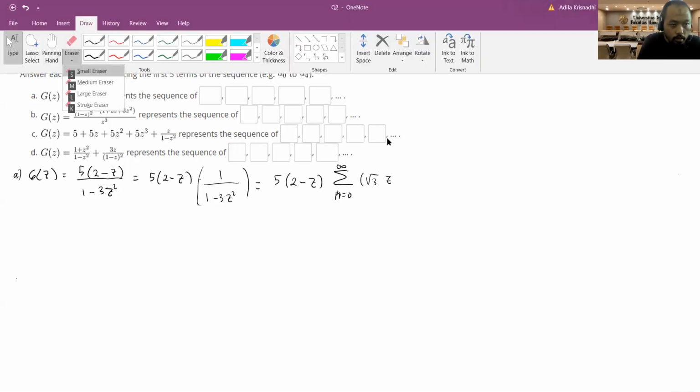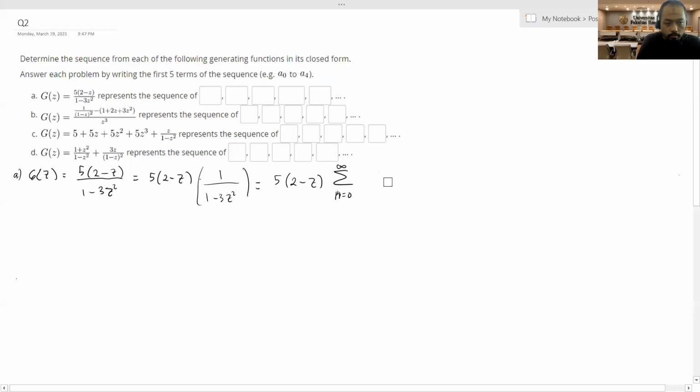Let me do it again. This is a geometric series with the ratio 3z squared.